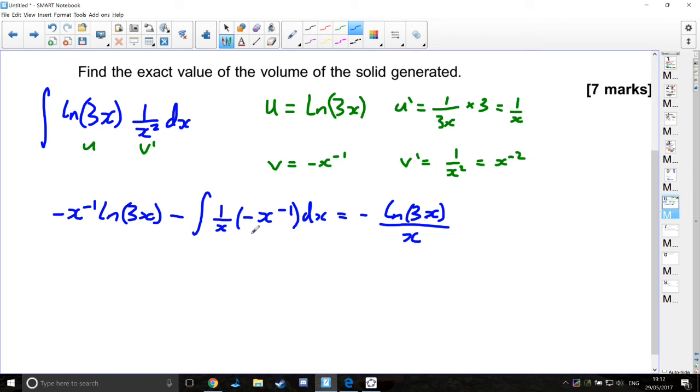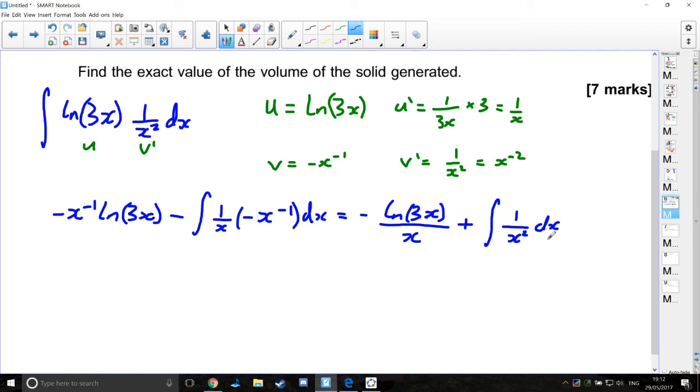Now, in this here, I've got a minus on the outside, minus on the inside. Those are going to cancel and become positive. So I've got positive, the integral of, and this is 1 over x. X to the minus 1 is also 1 over x. So that is 1 over x squared.